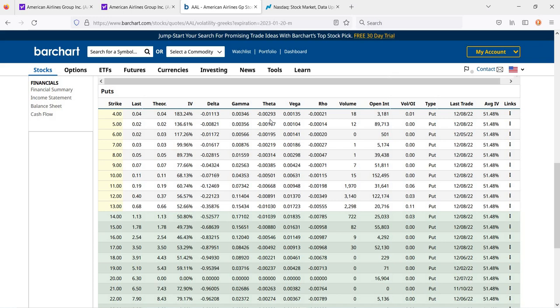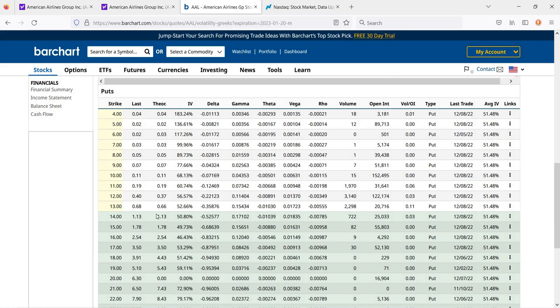The theta is another one that I occasionally look at. In this instance, if the entire market freezes, then every single day I will gain about 1 cent, and you need to multiply it by 100.